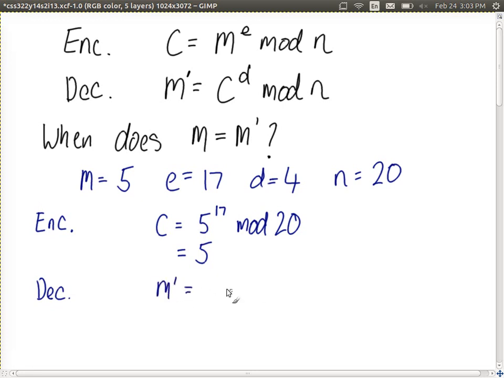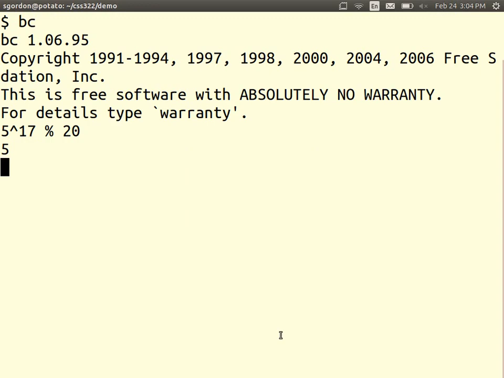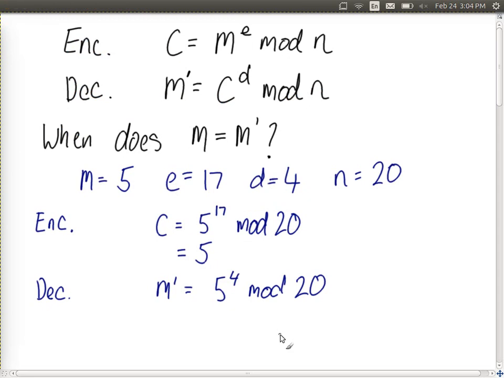M prime equals C to the power of D mod 20. What do we get? Five. So it works. That is, the original message M equal to 5, and the decrypted message M equals 5, so that's what we expect.